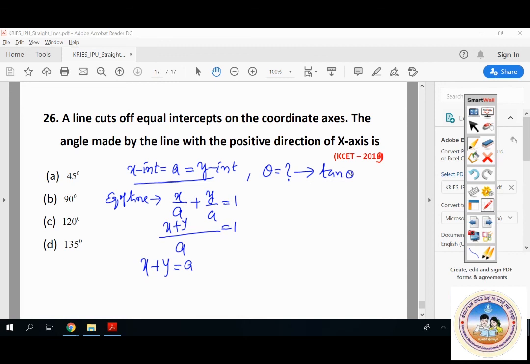So tan theta you need to find, which is nothing but finding what is your slope, right? So now I'm going to write tan theta out of it. M is nothing but tan theta. Tan theta is given by minus coefficient of x ನೋಡ್ಕೊಳ್ಳಿ, it is 1 divided by coefficient of y, you can look, it is 1. So tan theta minus 1 ಬರ್ತಾ ಇದೆ.